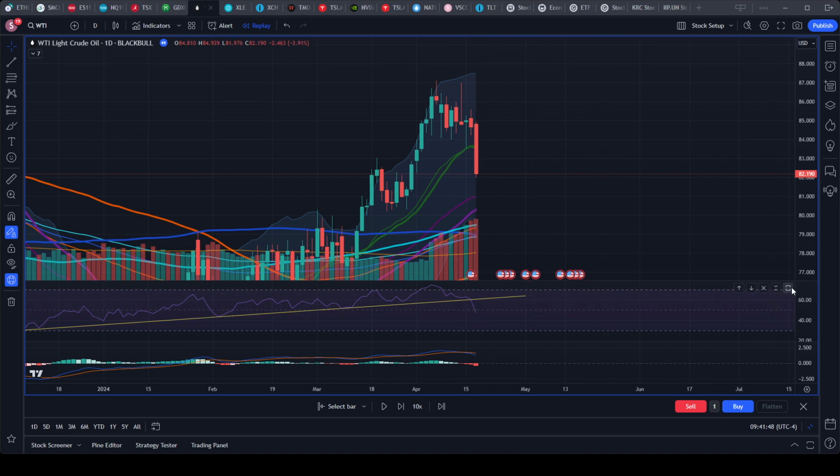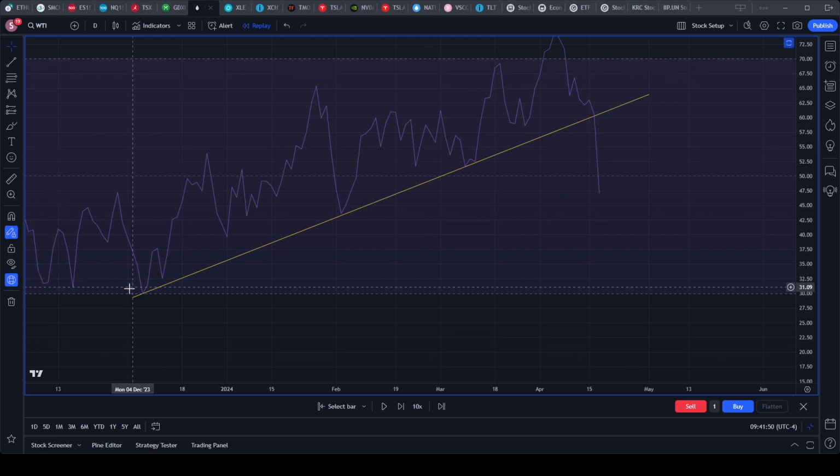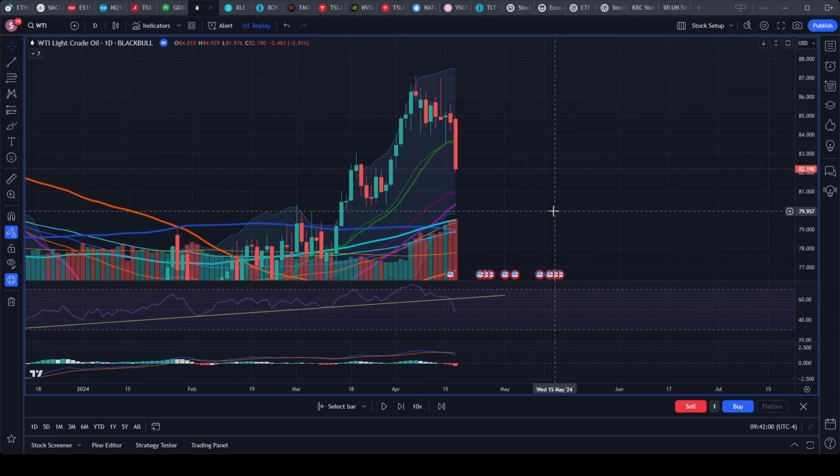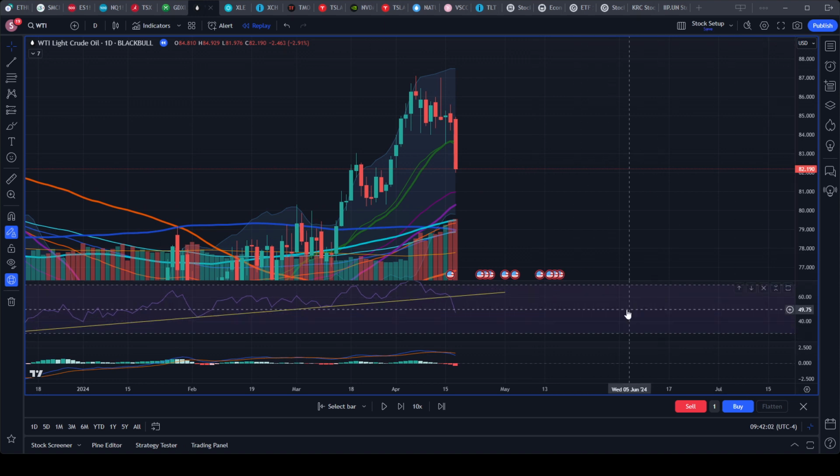And look, the support trend line for the RSI, which previously we were right there, now we're completely under it. We have a break of the support trend line.